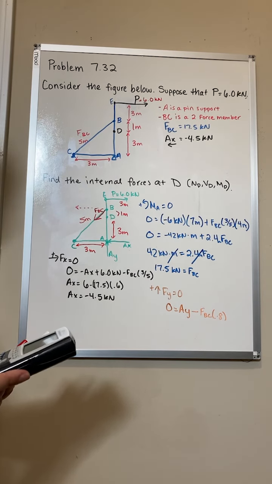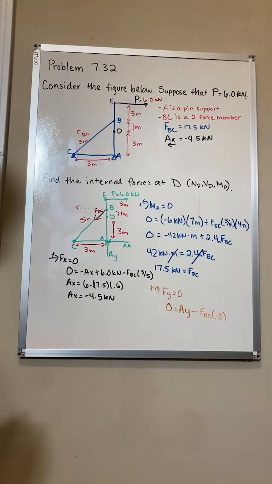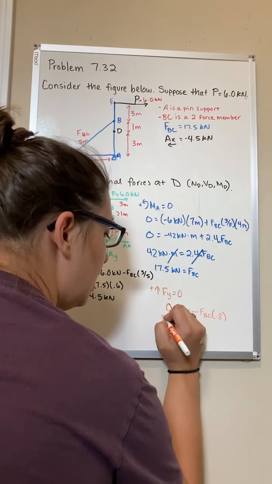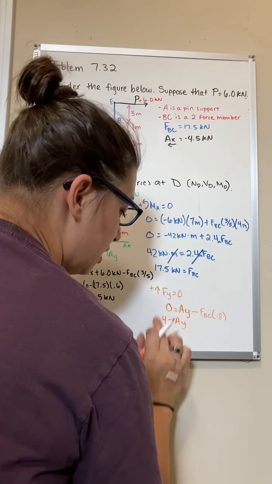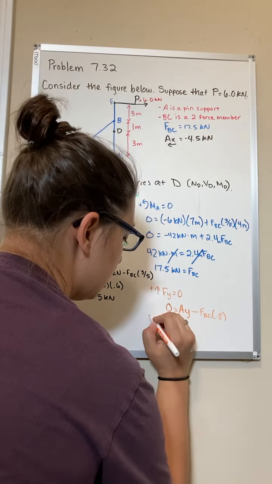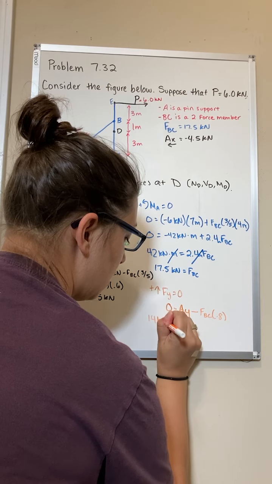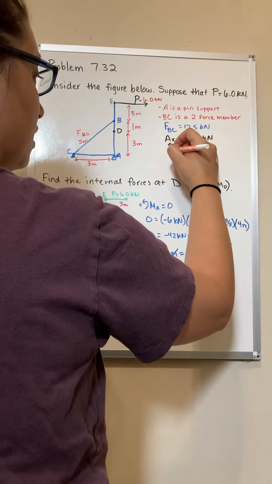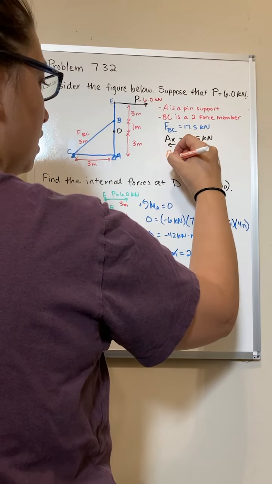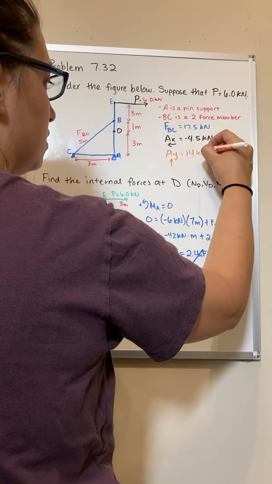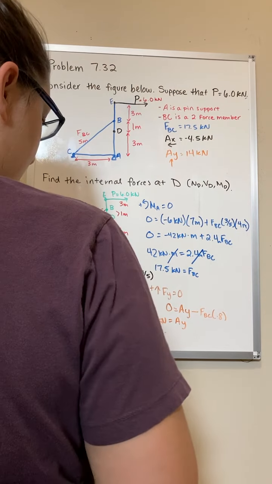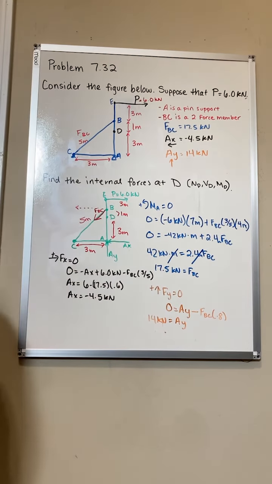That is 14, so we're going to add 14 to both sides, and 14 is equal to Ay. 14 kilonewtons. Put that up here. Ay 14 kilonewtons.